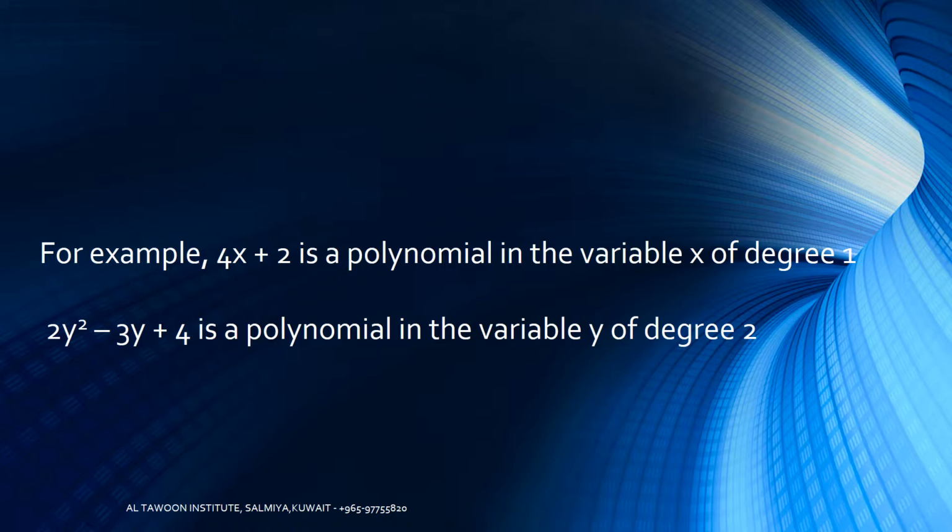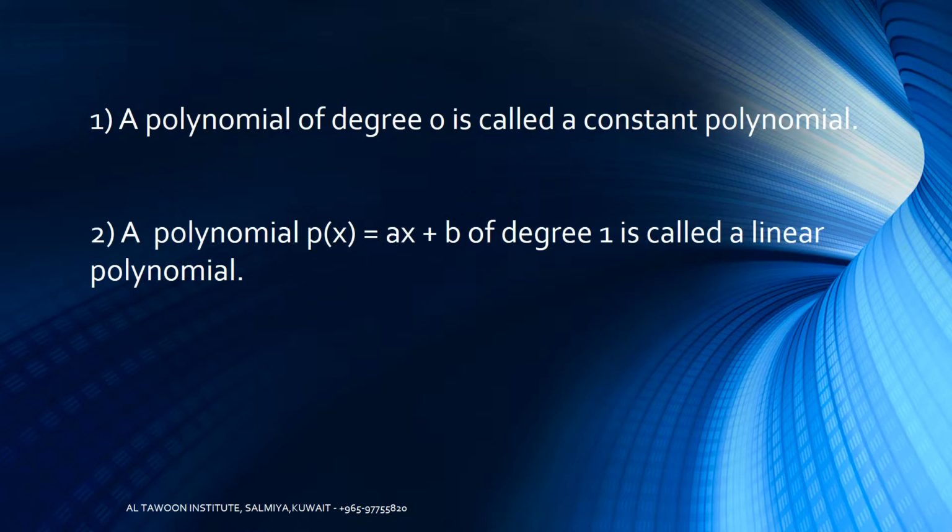You can see the relationship between the zeros and coefficients of a polynomial in the following table. In the first column we mention the type of polynomial and its general form, the number of zeros of each polynomial, and the relationship between zeros and coefficients. Look at the linear one first.